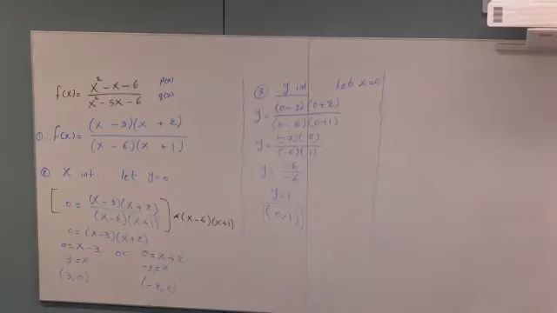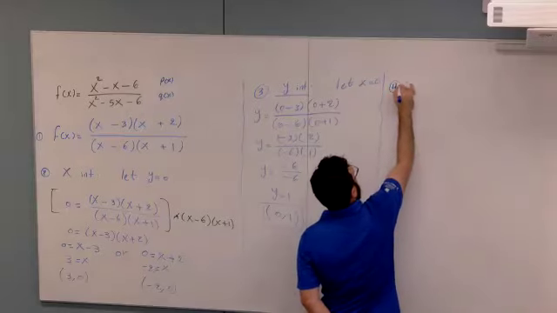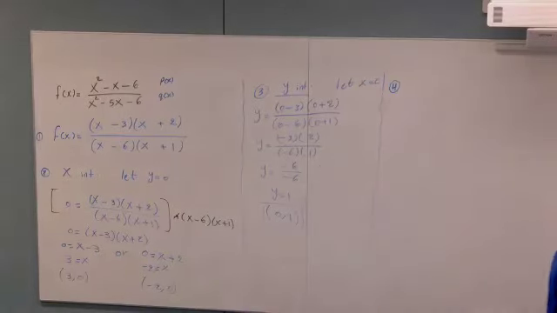What's the next step? Find the vertical asymptote. Step 4. Vertical asymptote.